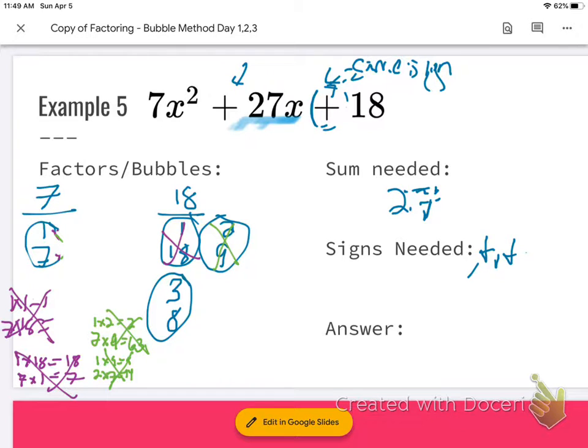Okay. Gives me 3 and 8. 1 times 3 is 3. 7 times 8 is 56. Too big.